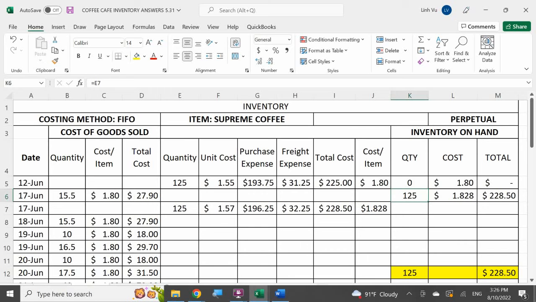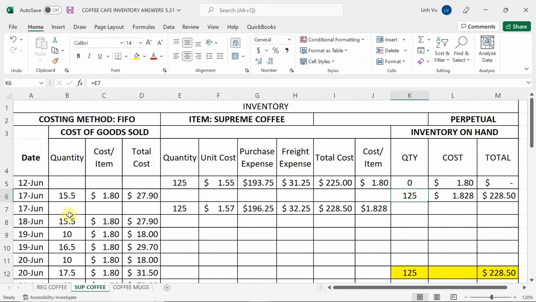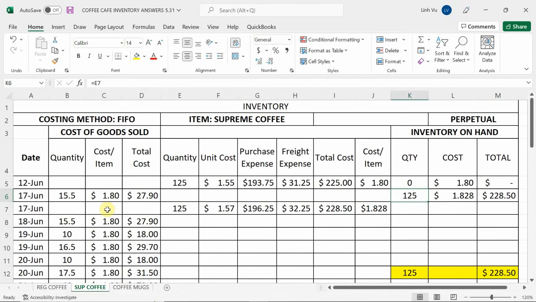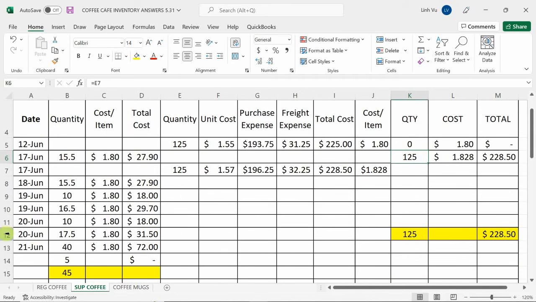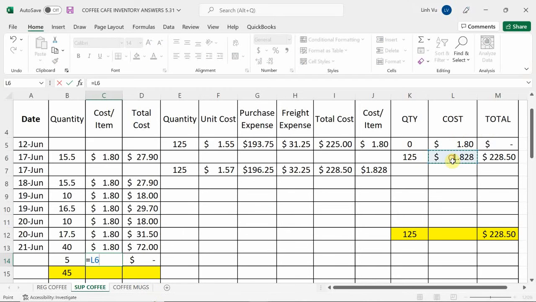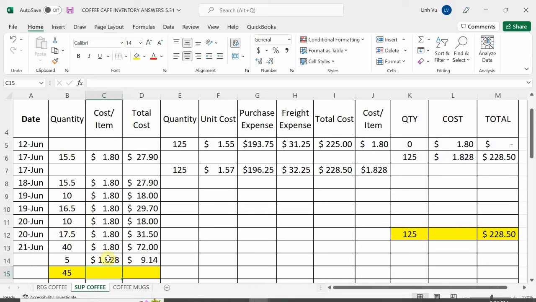So how many more pounds do I need to sell from this batch? 5 more pounds from the second batch, at $1.828. How much is that going to cost me? 5 pounds at $1.828 is $9.14.